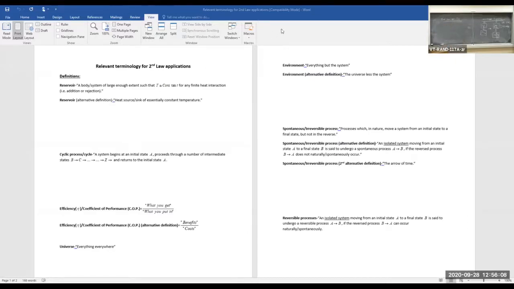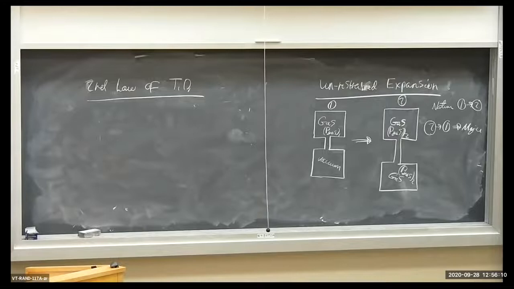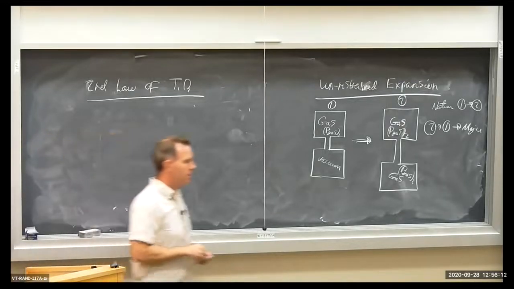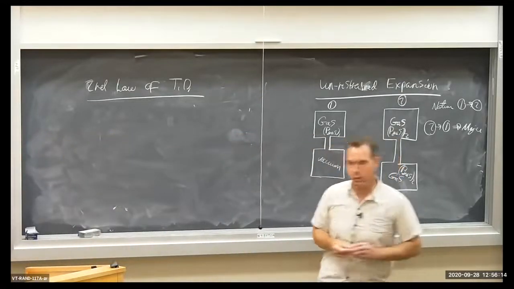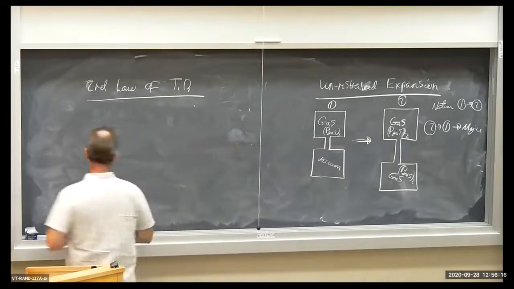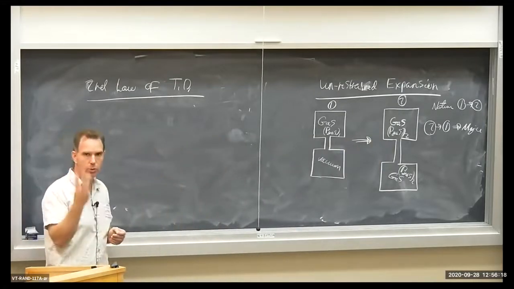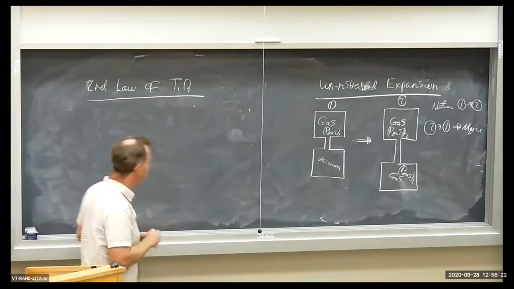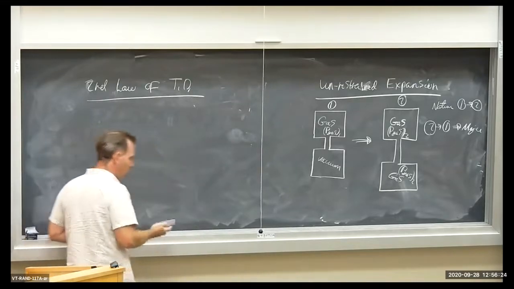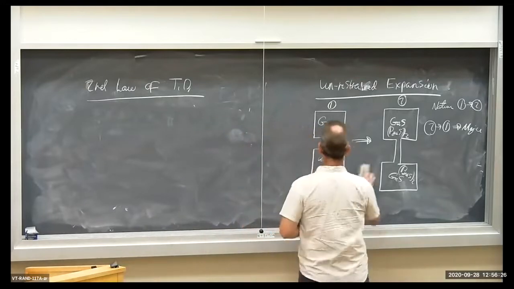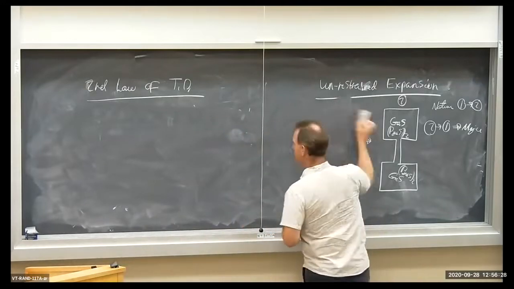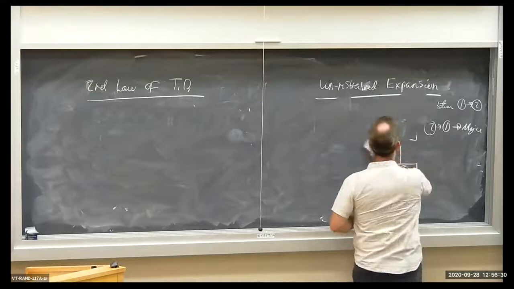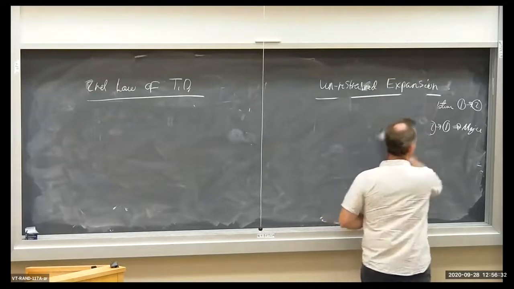Well, heat transfer across a finite temperature difference, unrestrained expansion of a gas, and processes involving friction. Those are three irreversible or spontaneous processes. They occur in one direction only in nature. They give us a clue as to the arrow or the direction of time.